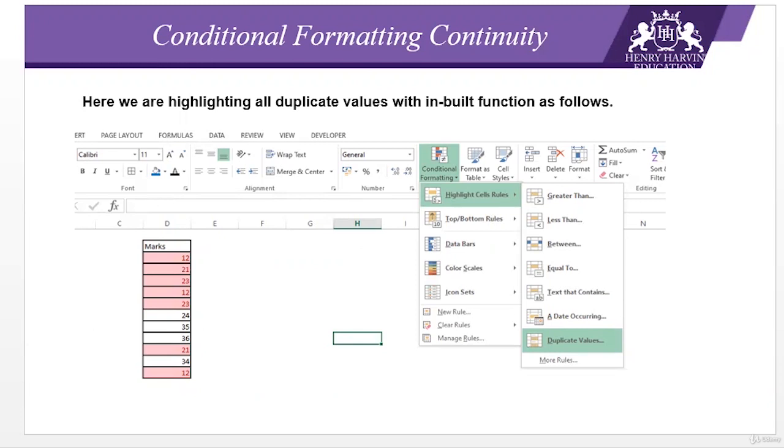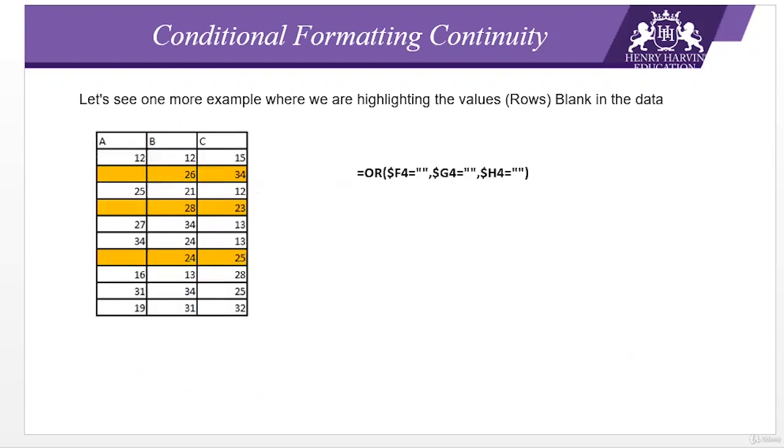We will cover everything in this session. Now let me show you an example where we are highlighting entire rows if any cell is blank. You can see the second row where 26, 34 scores are there but A is blank, and all the rows are highlighted where the cell is blank.